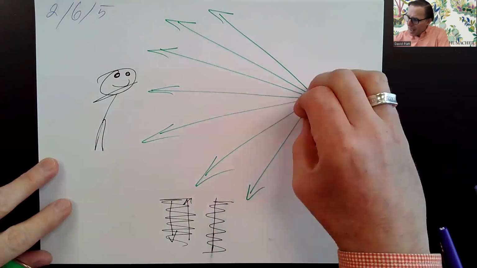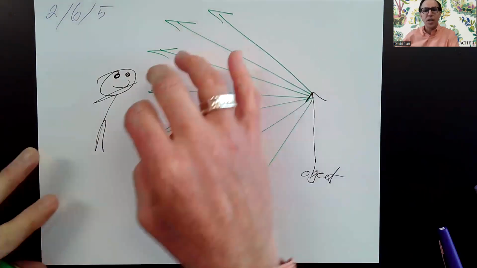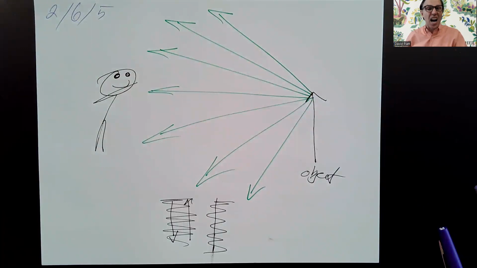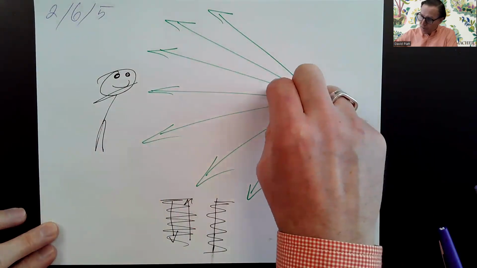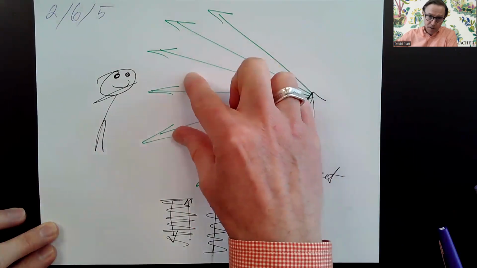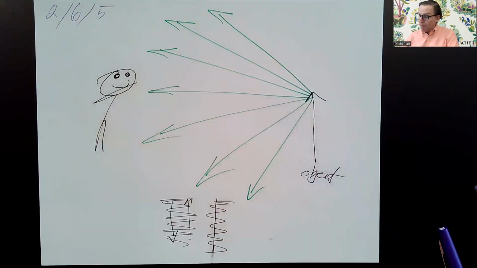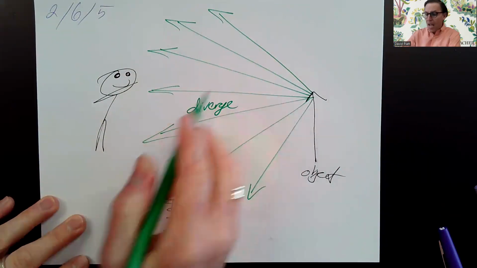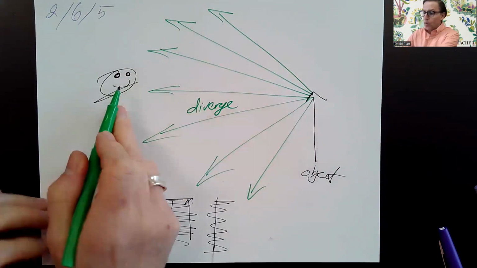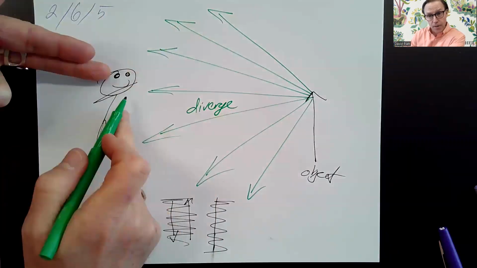And then what happens is as that light travels out, the light rays diverge. These two light rays that start off really close together get farther and farther apart. They diverge. And so the observer receives these light rays.